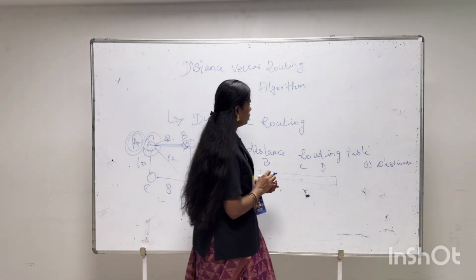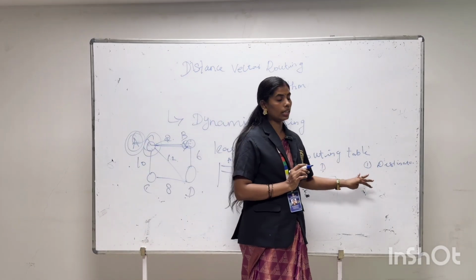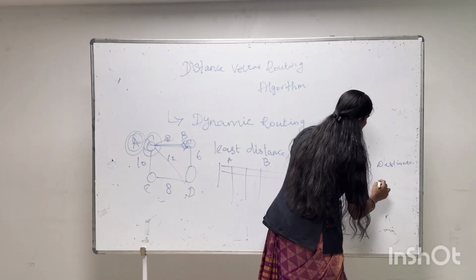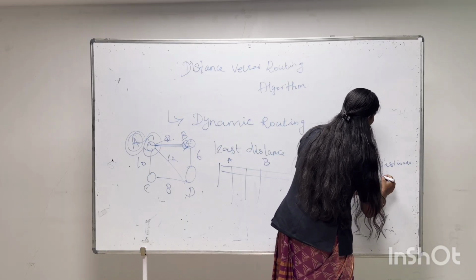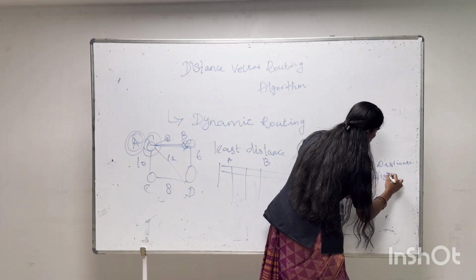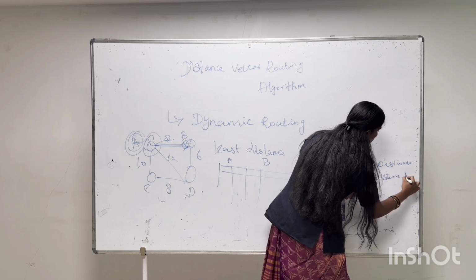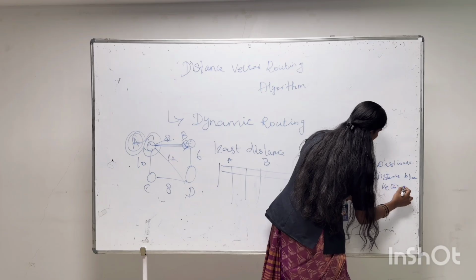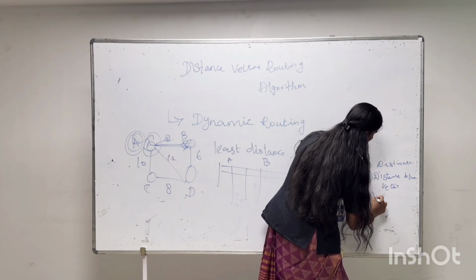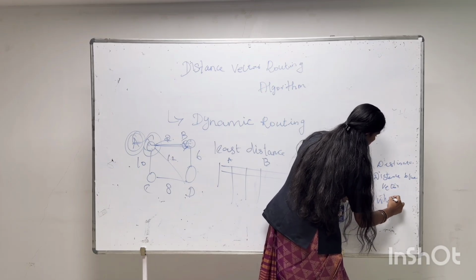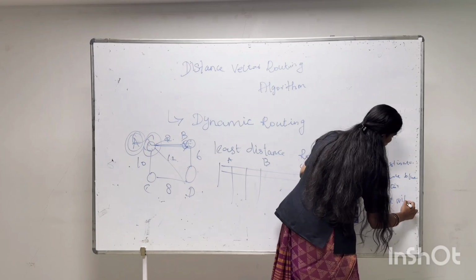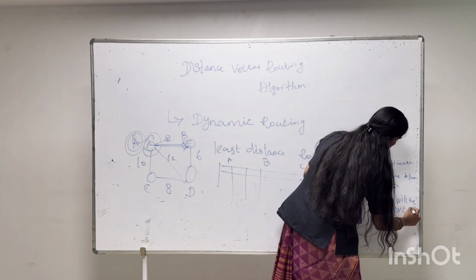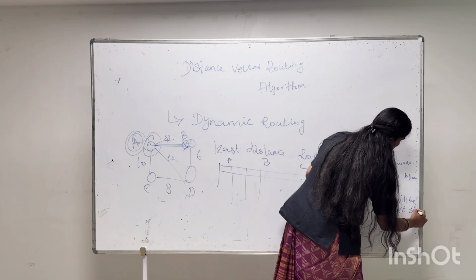For the routing tables, we have 3 categories. The first one is the destination. The second one is the distance between the vectors. And the third one is the next hop.